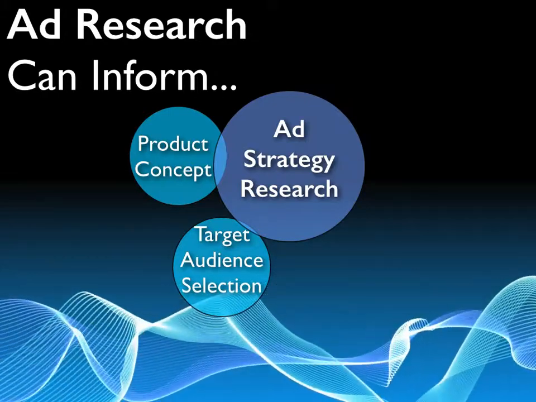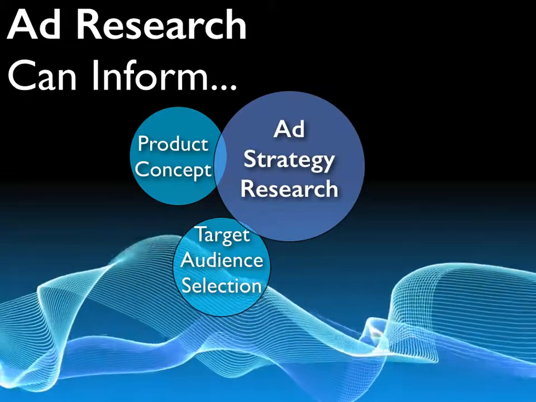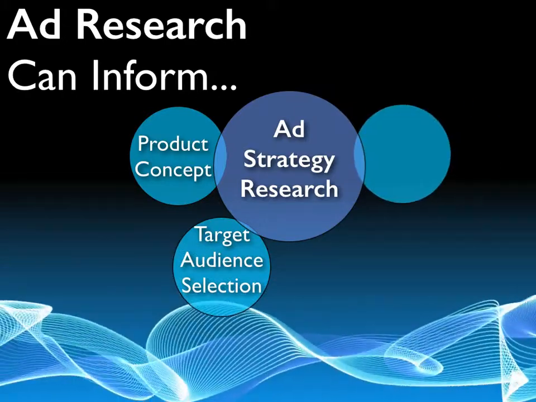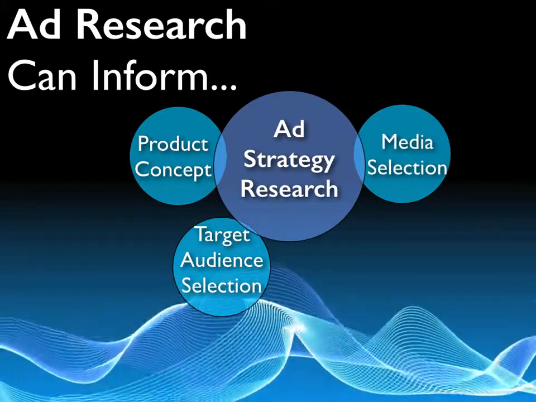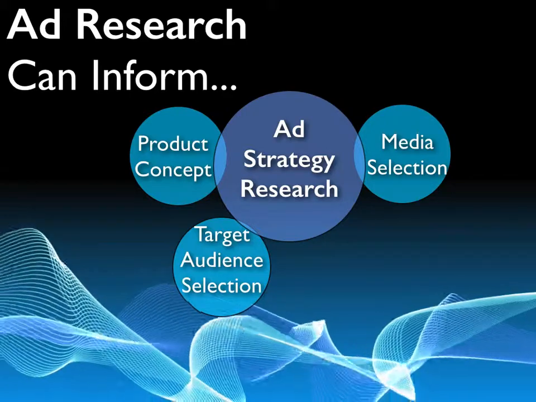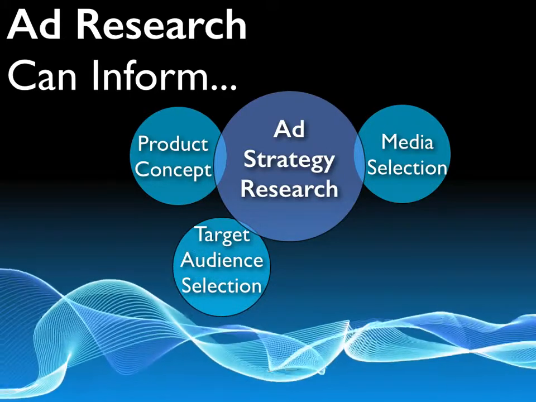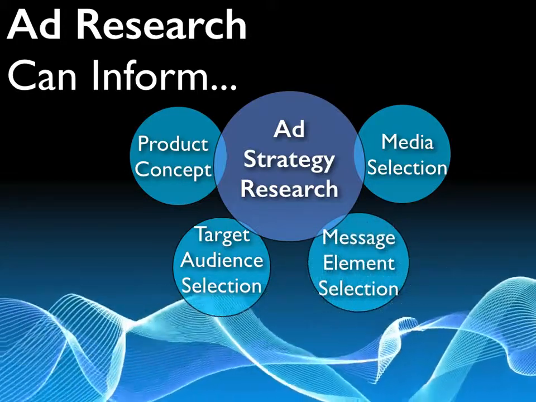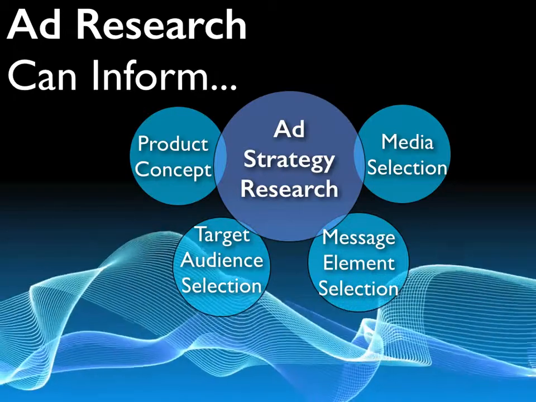Your research, like we did a couple weeks ago about finding target audiences, is one of the things you're going to be doing, and that's going to affect your strategy planning. Also, media selection: your target audience, what do they listen to? What media outlet is going to reach them? And lastly, the message element selection. So what type of messaging are you going to use?